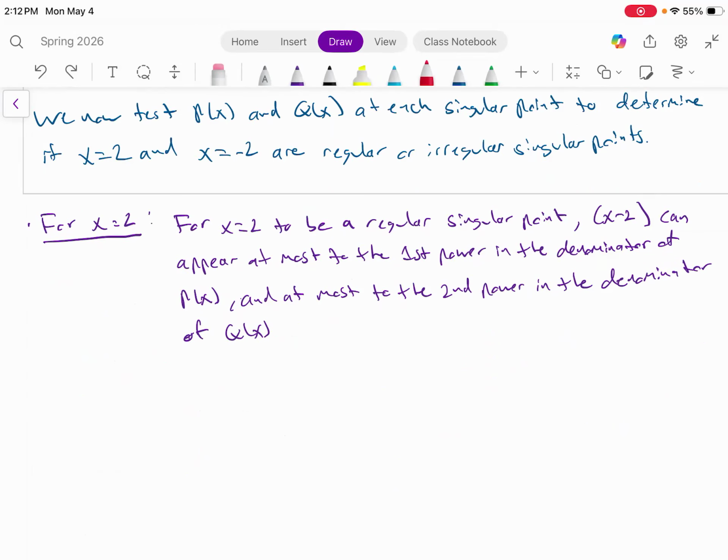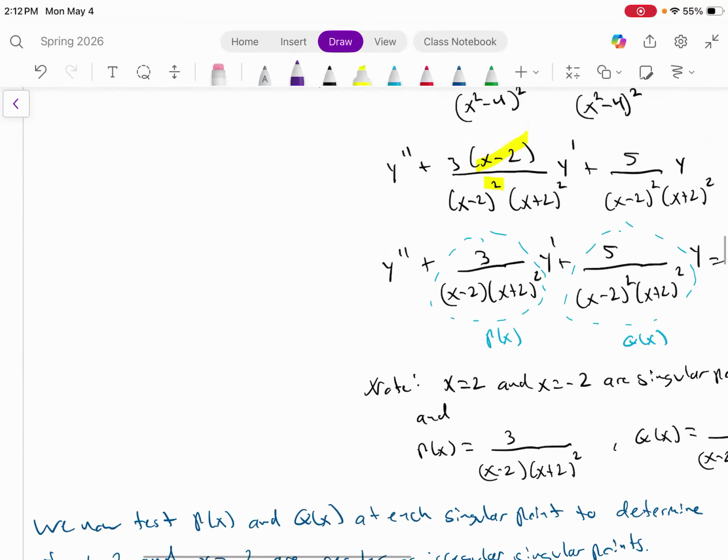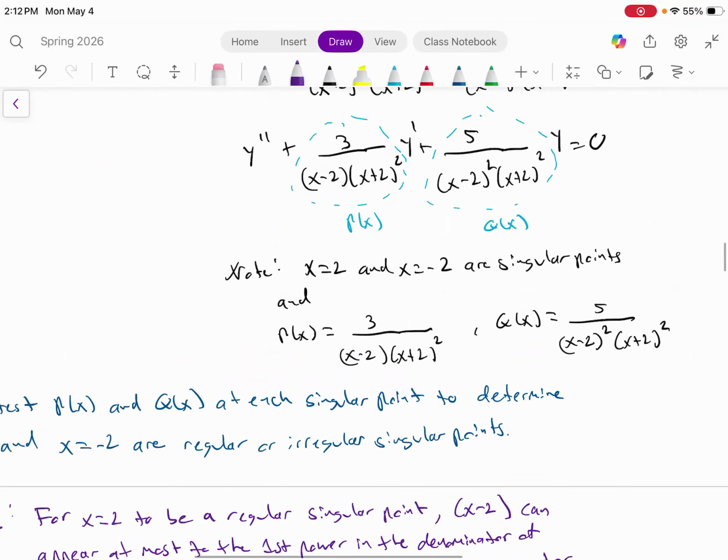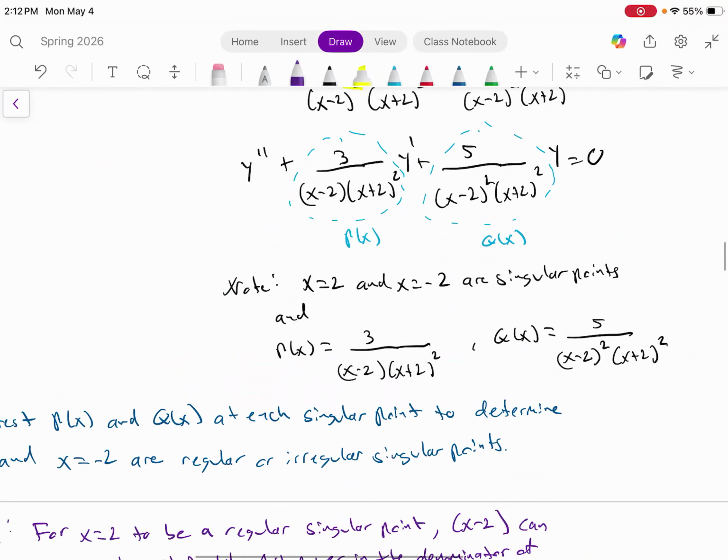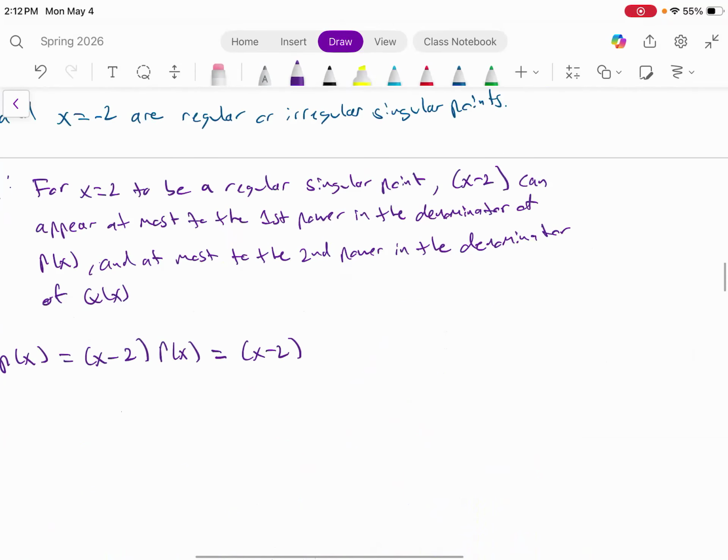Okay, so what I like to do is call this a check. All right, so little p of x, what is it? It's x minus 2 times capital P of x. So this would be x minus 2 times 3 over x minus 2 times x plus 2 squared.